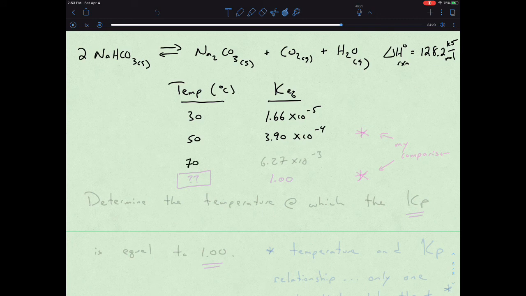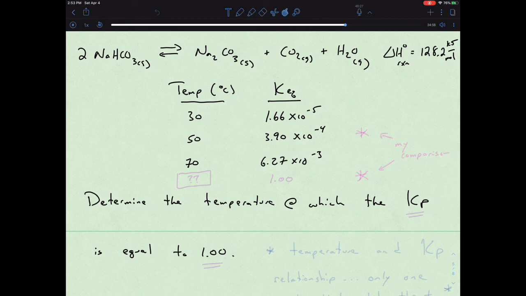And at 70 degrees Celsius, we have a value of 6.27 times 10 to the negative third for our equilibrium constant. Basically, we want to determine the temperature at which the equilibrium constant is equal to 1.00.